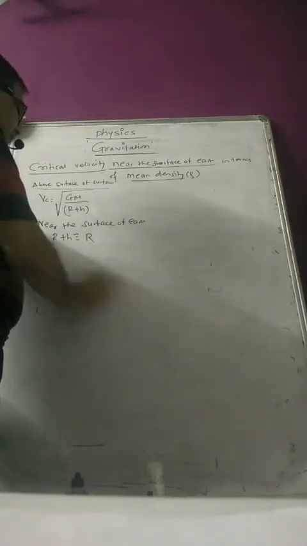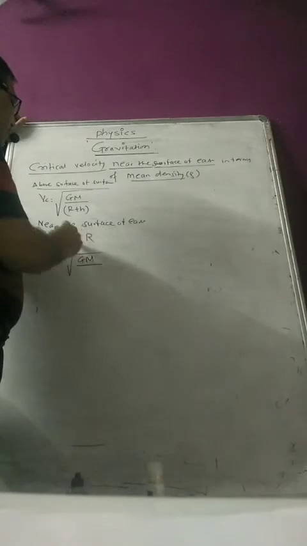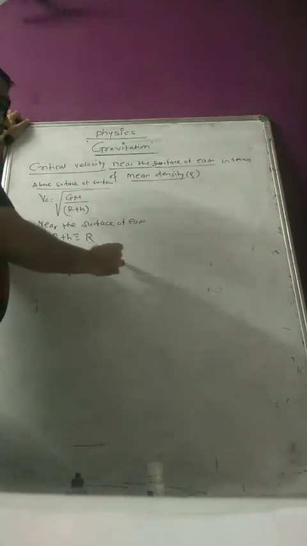Therefore critical velocity is equal to the square root of GM by r, since r plus h becomes r. So this is equation number 1.